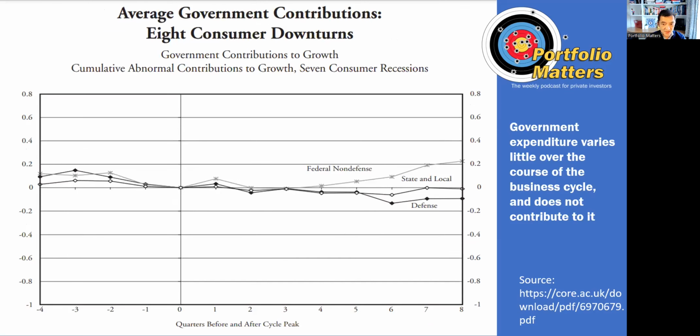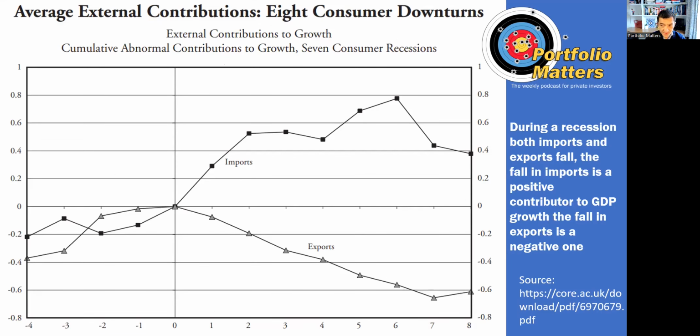Government expenditure hardly changed either before or after the start of the recession. This chart is difficult to interpret, but essentially, during a recession, both imports and exports fall. And imports generally are a negative contributor to domestic GDP growth.